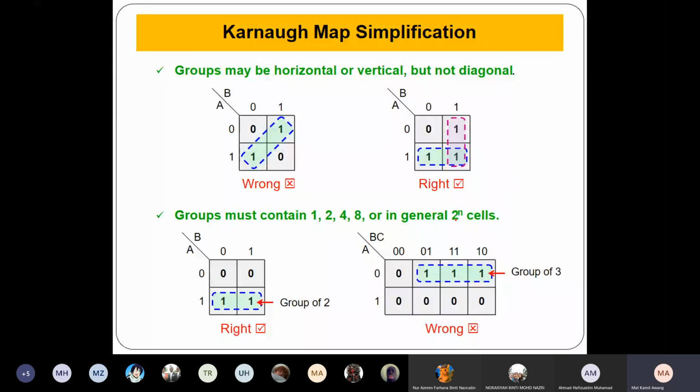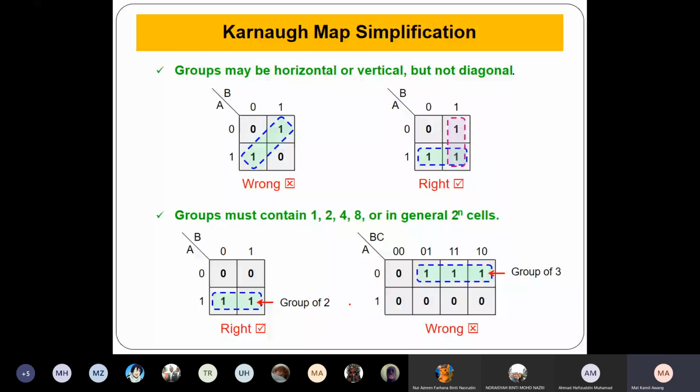In general, 2 to the power of n cells that you can group. You cannot group 3. You cannot group 5, 6, 7. Cannot. 9 also cannot. 10 also cannot. So you can only group in this number, 1, 2, 4, 8 grouping.